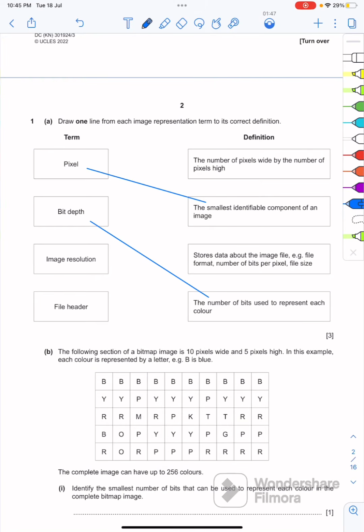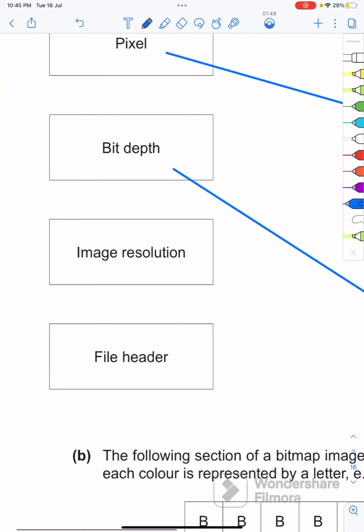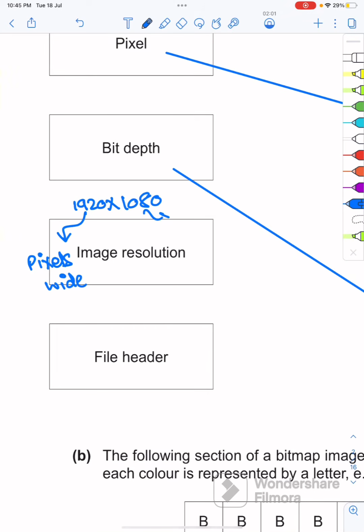So image resolution, as we see, you often hear a screen or a monitor is going to be 1920 by 1080. So this is pixels wide, and this is pixels high, right? It's basically width into height.